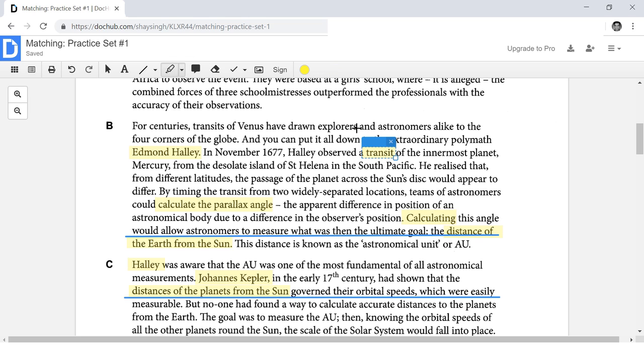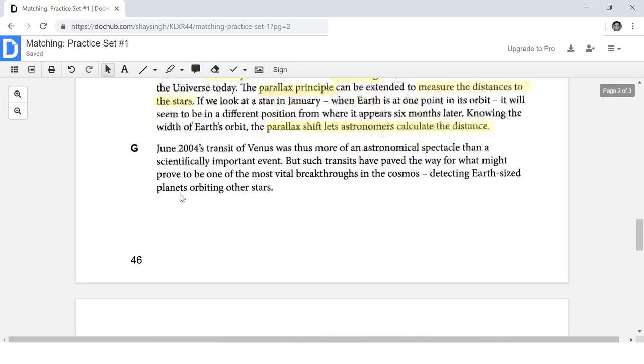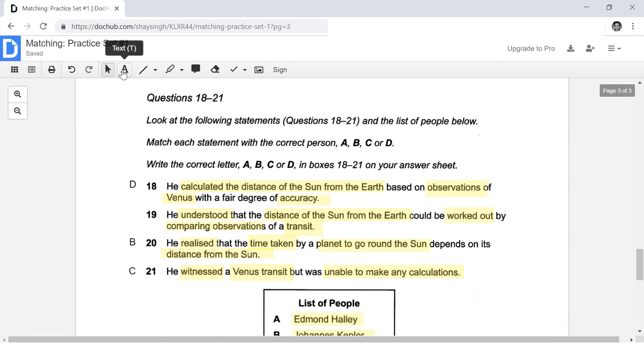Okay? It mentions that over here. It's talking about measuring the transit. So by timing the transit from different angles, we could calculate the parallax angle. And this could help us to determine the distance of the Earth from the Sun. So that is in fact the correct answer. The answer to number 19 is A, Edmund Halley.